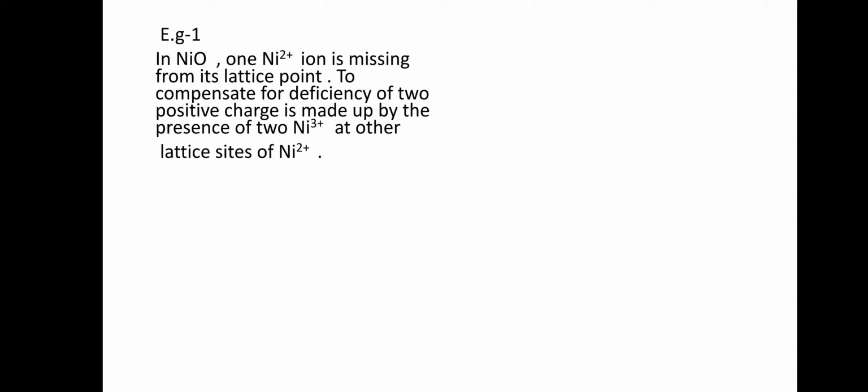Now let us understand this with the help of an example. For example, in NiO, one Ni2+ ion is missing from its lattice point. To compensate, the deficiency of two positive charges is made up by the presence of two Ni3+ ions at other Ni2+ sites.